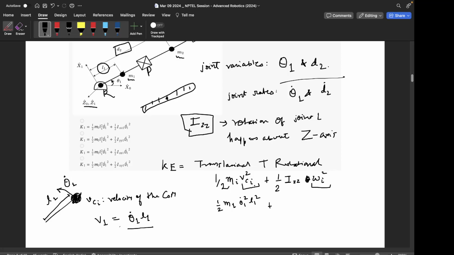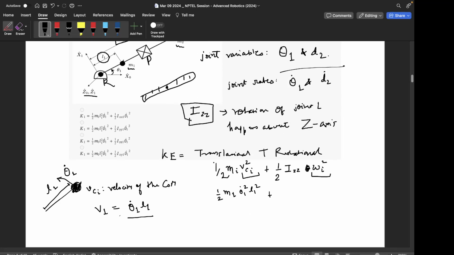Now the rotational part. So for the rotational part, the inertia is given, and the angular velocity of the link, since it's the first link, is the same as the joint rate of the first joint. So θ1 dot square, right?